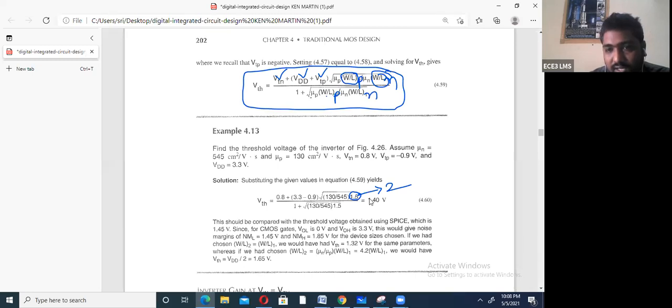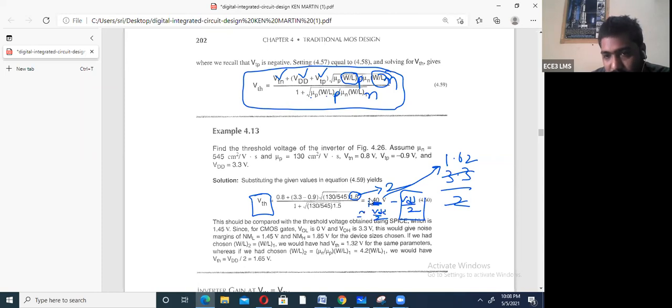After substituting you will get VTH equal to 1.40, and this is approximately VDD by 2, because 3.3 divided by 2 is 1.65. The difference arises because of the W by L ratios, and mu P and mu N are given differently. But approximately we will get VDD by 2 as the threshold voltage. So the expected answer is VDD by 2 approximately. 1.40 means it is approximately VDD by 2, so this is right.